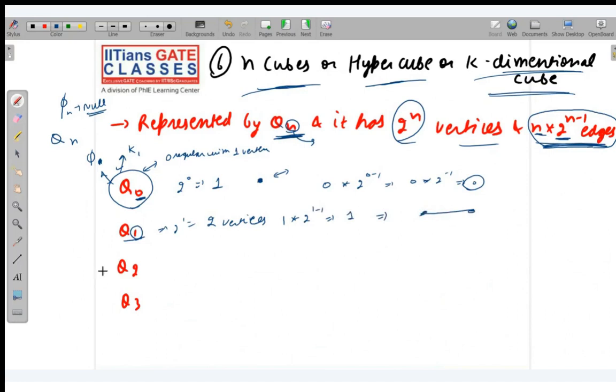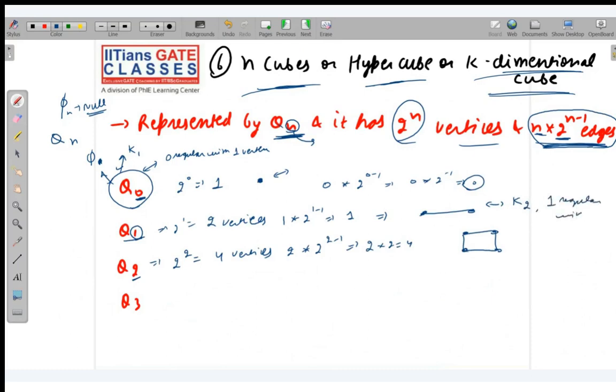Q2. 2 power 2, that means 4 vertices. Edges, 2 into 2 power 2 minus 1. So it will be 2 into 2, that is 4. It is like this. And what is this? You will say it is K2 also, and it is one regular with 2 vertices.